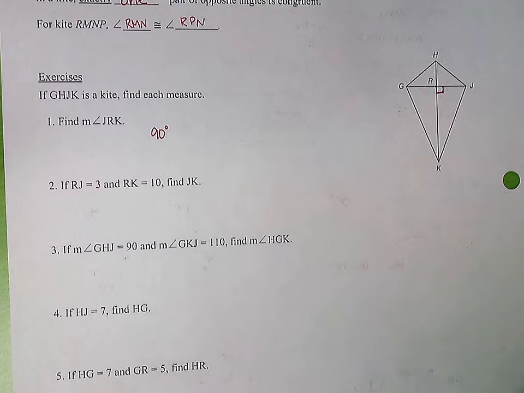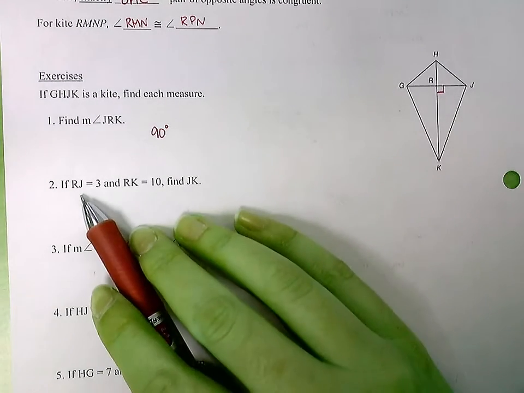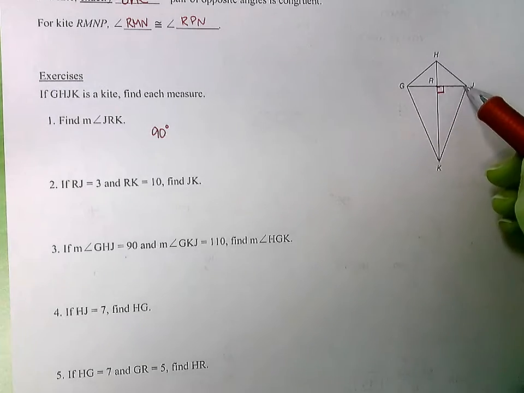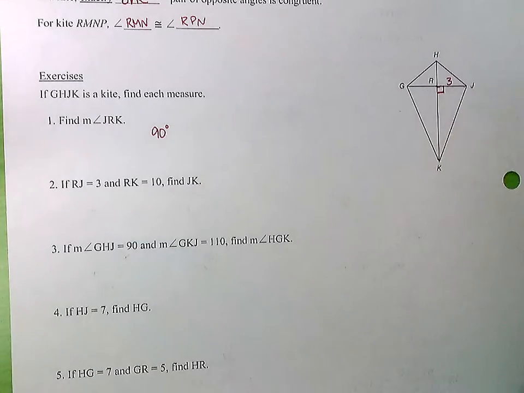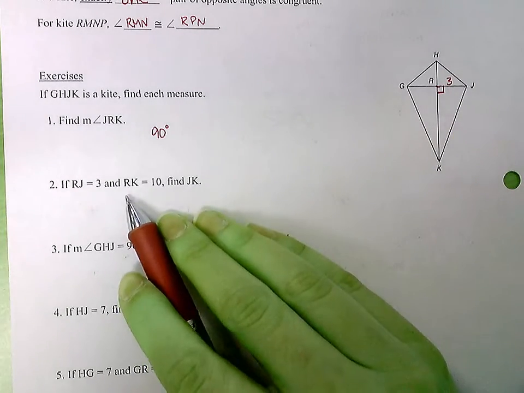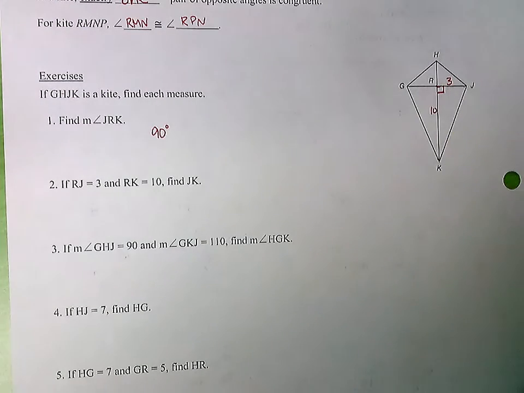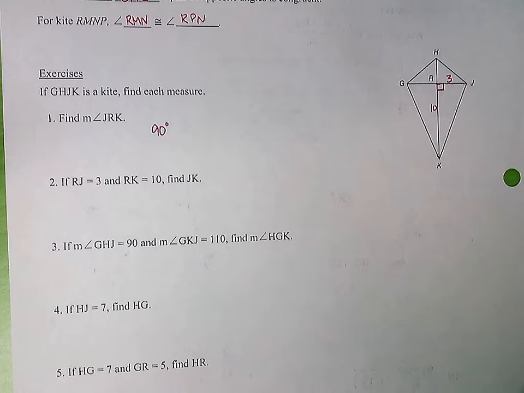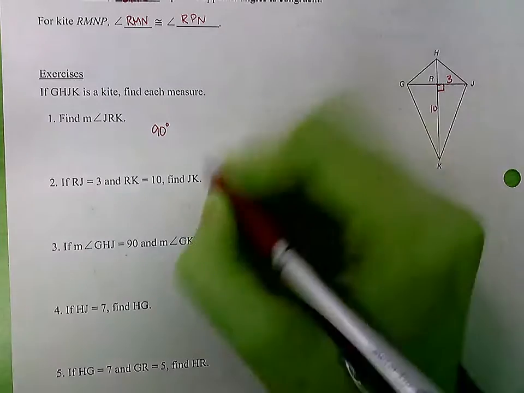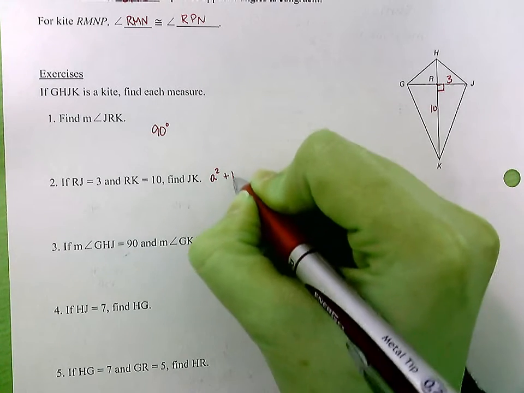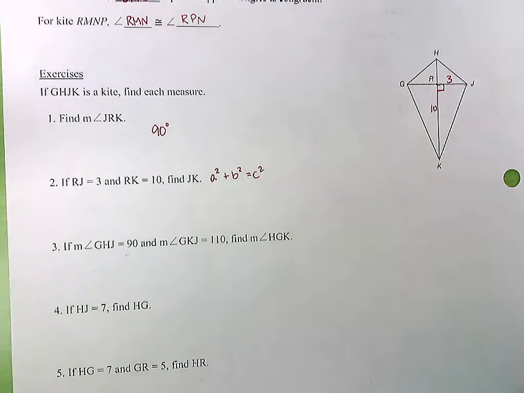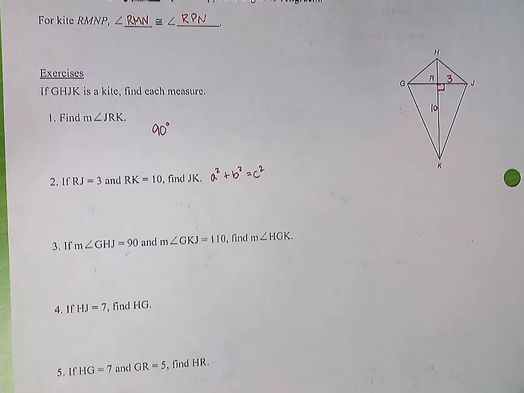Number 2, if RJ, this one right here, is 3, and RK, this one right here, is 10, we want to find JK. How am I going to do that? I'm going to use the Pythagorean theorem: a squared plus b squared equals c squared.